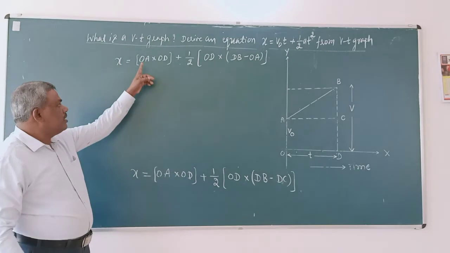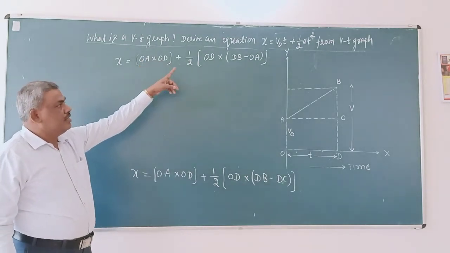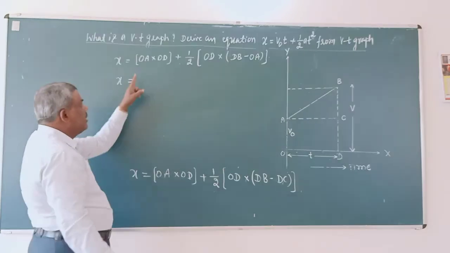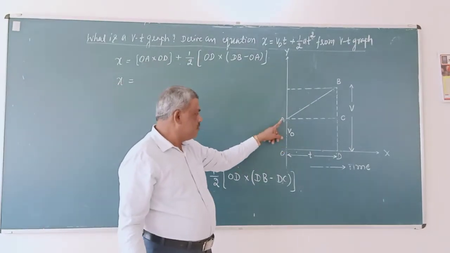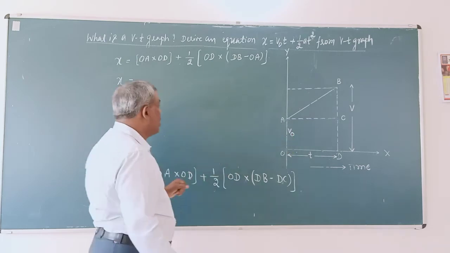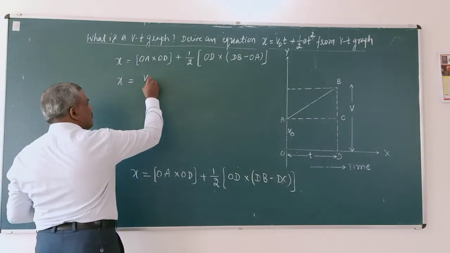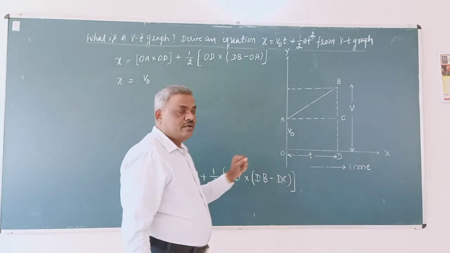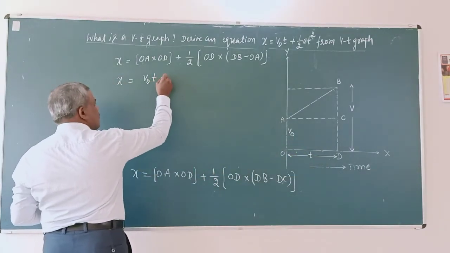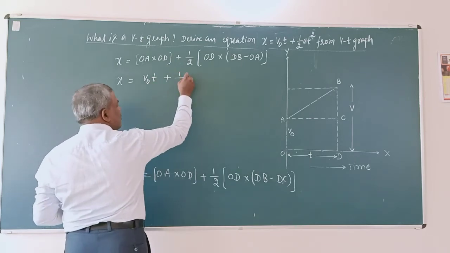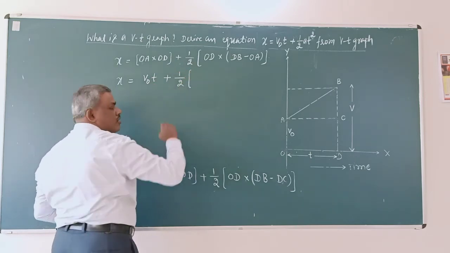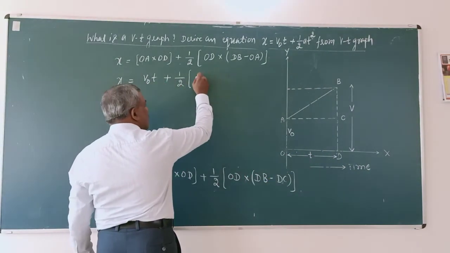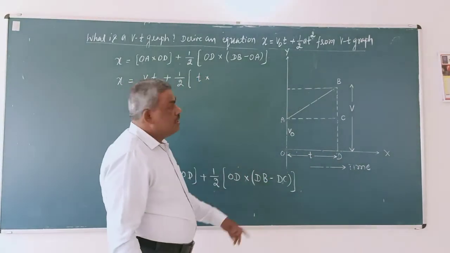Now substituting the values for OA, OD and DB. So x equals OA, and OA equals V0, the initial velocity. OD equals time t. Plus 1 by 2, OD once again time t, into DB.